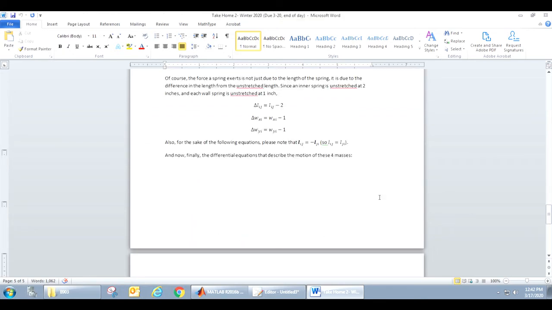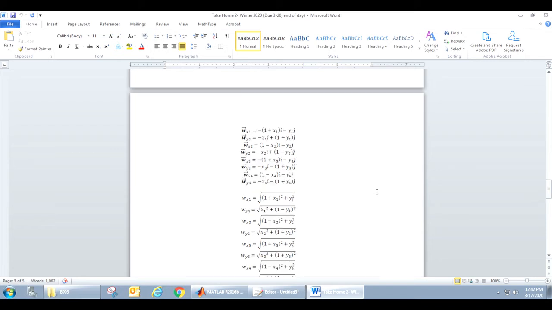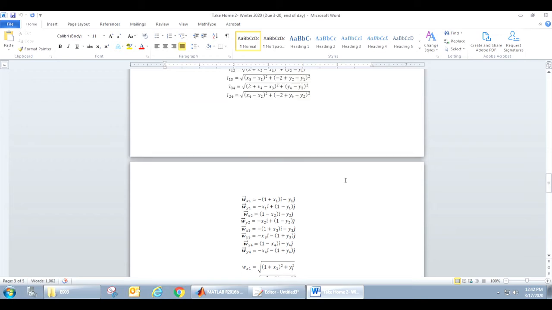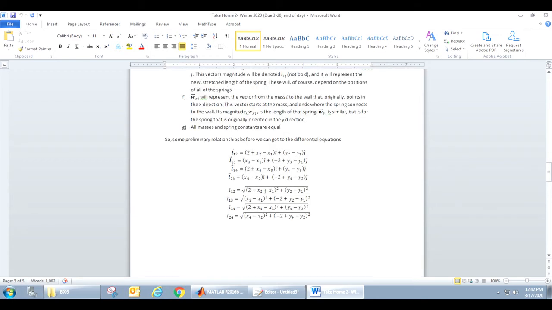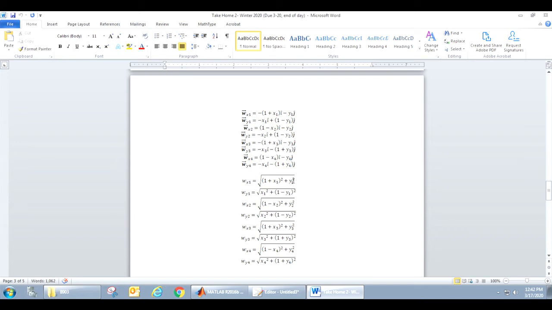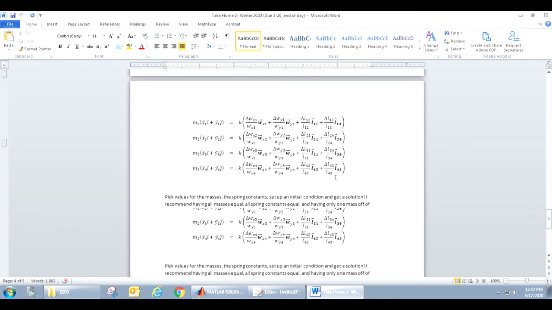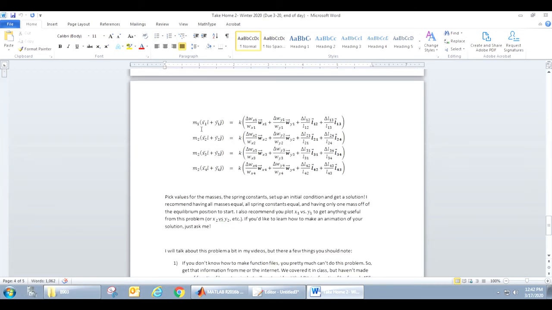So yes, this all describes a process you could follow if given x1, y1, x2, y2, x3, y3, x4, y4, you could calculate these vectors, their magnitudes, these vectors, their magnitudes. The deltas are calculated in this fashion, and then the matrix equation, well, it's not really a matrix equation, is it? The big equation that tells you what x1 double dot is just, it's the x component of this equation.